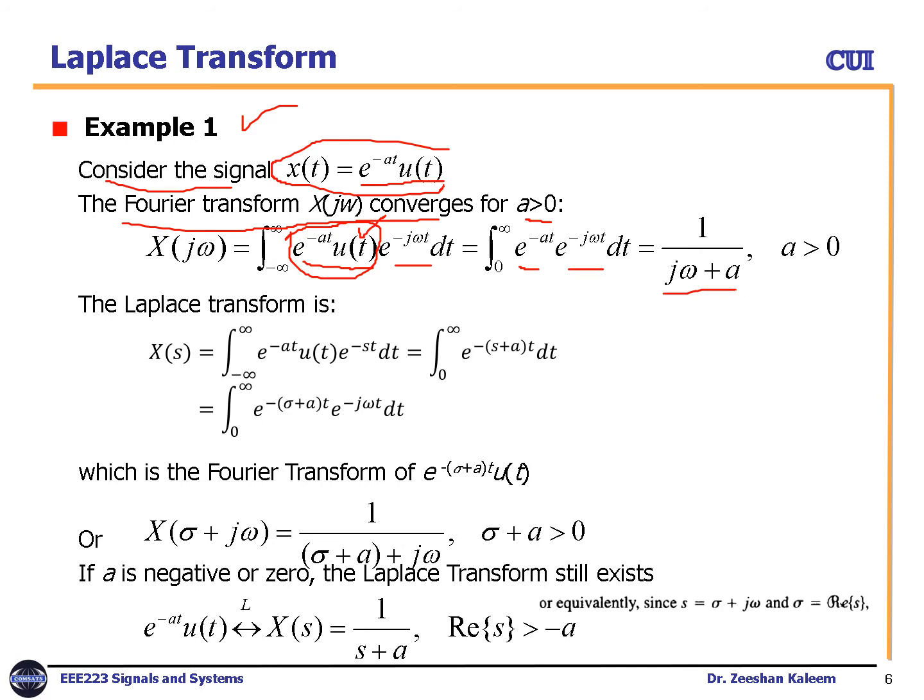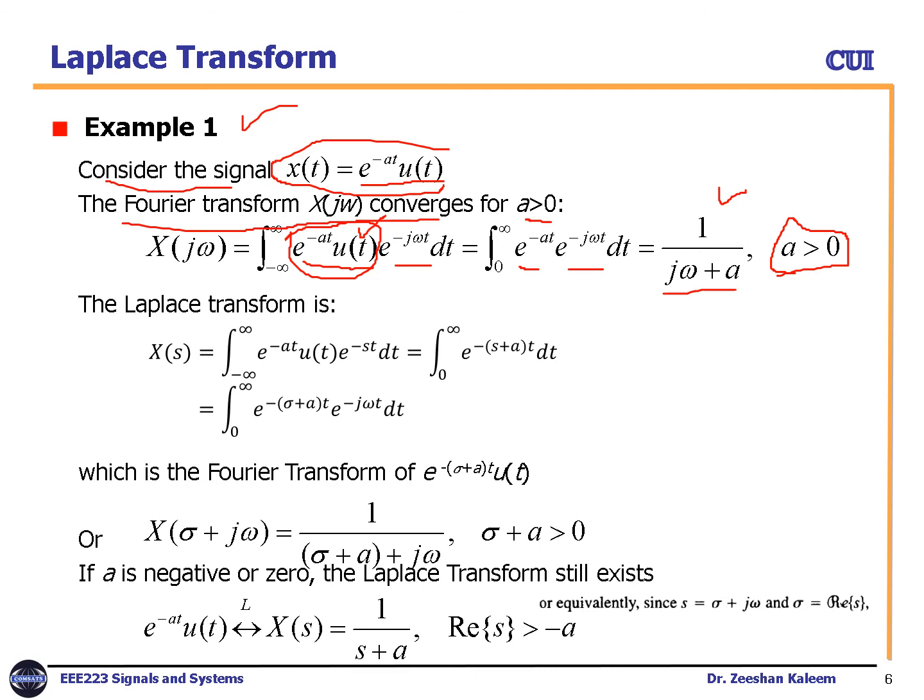And remember that this is only valid when a is greater than 0. If a is less than 0, then the Fourier transform will not converge. It means the Fourier transform is not possible when a is not greater than 0, that is, when a is less than 0.